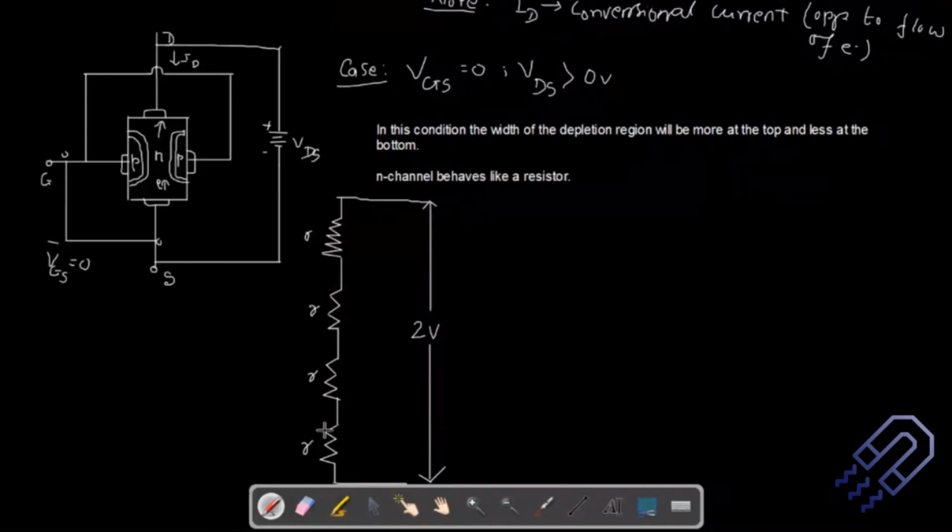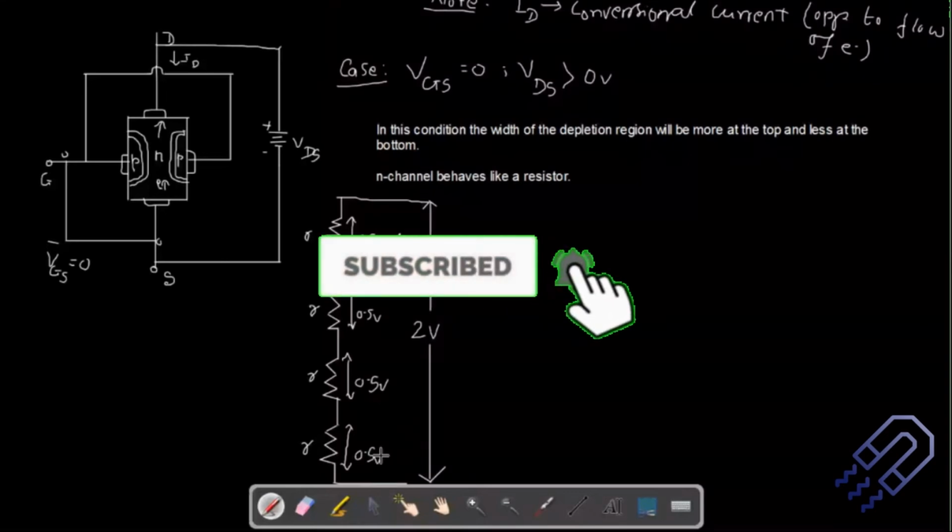Since all these resistors are equal, you are going to have a drop of 0.5 volt across each. This will also have a 0.5 volt drop because these resistors are connected in series, and the potential drop will be equal because all these resistors are of equal value.